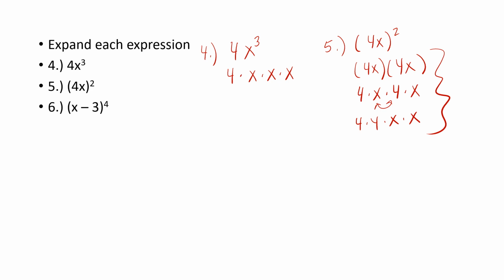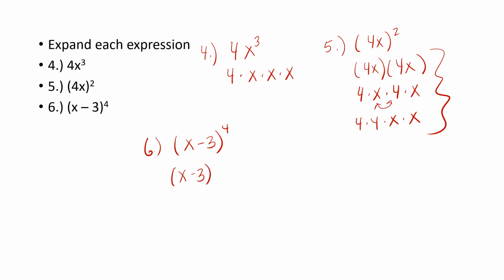Now for number 6, this one taps into a really, really common mistake. And so we want to remember that the exponent only goes with what is immediately to its left. So once again, that 4 goes with the parenthesis. So it is the parenthesis that is being raised to the 4th.